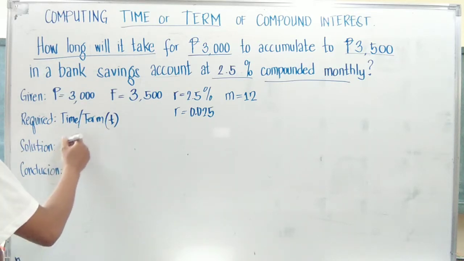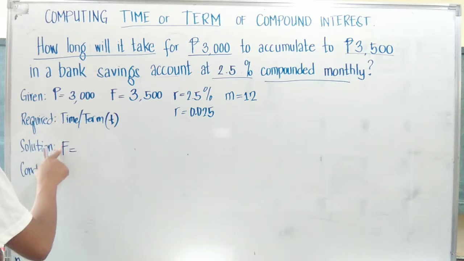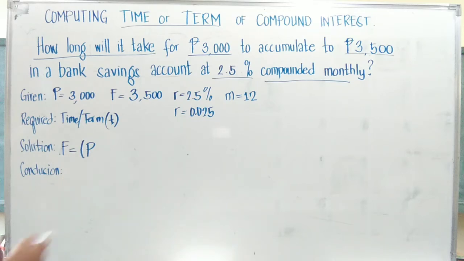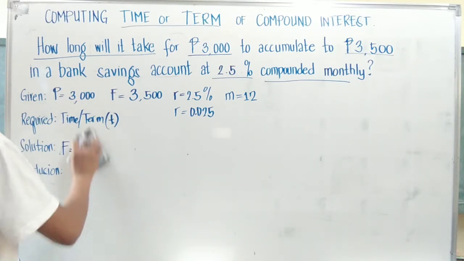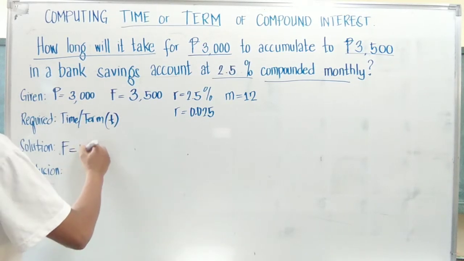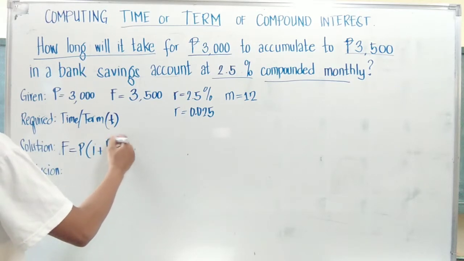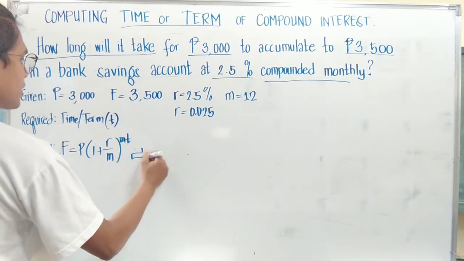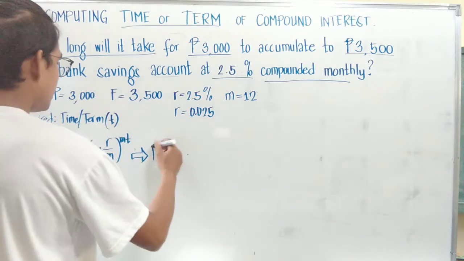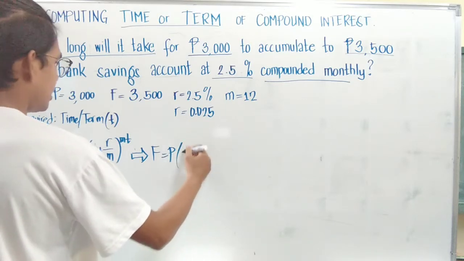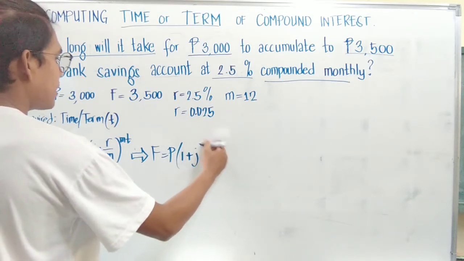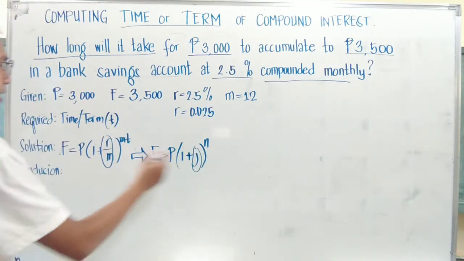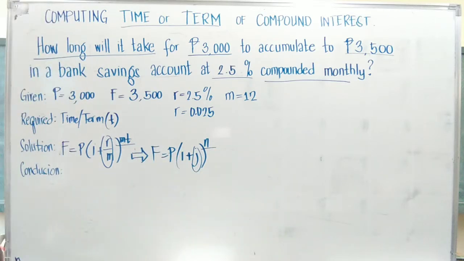From our equation for the future value in compound interest, we have F equals P times the quantity of 1 plus r over m raised to mt. Or in some books, they summarize it into F equals P times the quantity of 1 plus j raised to n, where r over m is equal to j, and mt is equal to n.